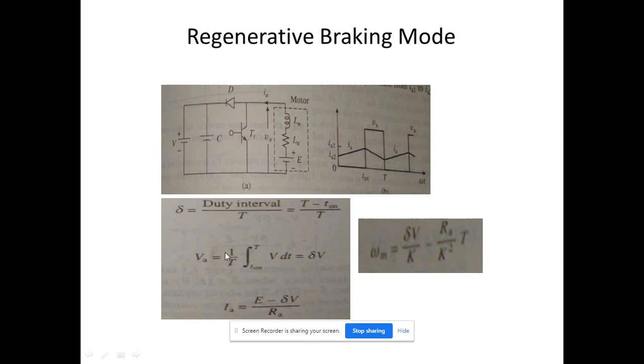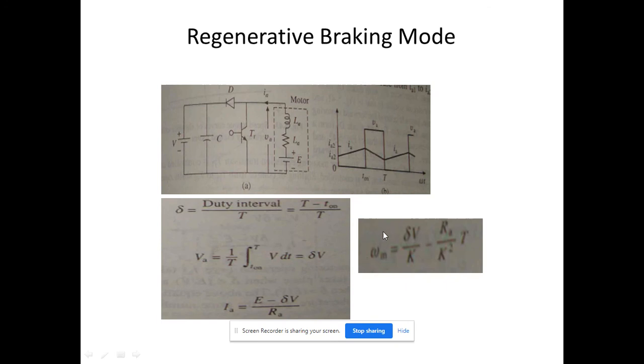And if we further integrate the equation, we get Va equal to delta V, and armature current is equal to E minus delta V upon Ra, since here the back EMF is greater than this voltage, and regeneration takes place.